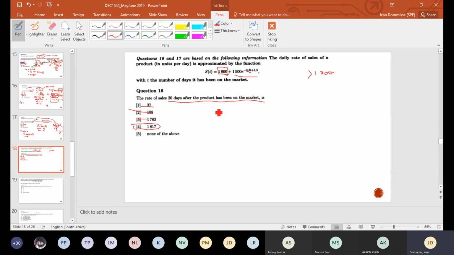Okay, so I would then say, to get at 20 days, 1,800 plus 1,500 E to the power minus 0.3 times 20 plus 1.5.